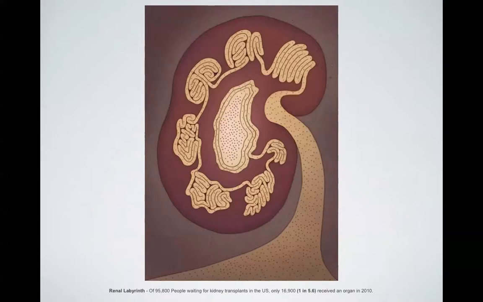Back to this image. In this particular image, because the numbers were so large, each symbol represents 100 people. And I've actually counted out manually and placed them in the pathways. The difference between a labyrinth and a maze, if you're not familiar: a labyrinth only has one way out and one way in.